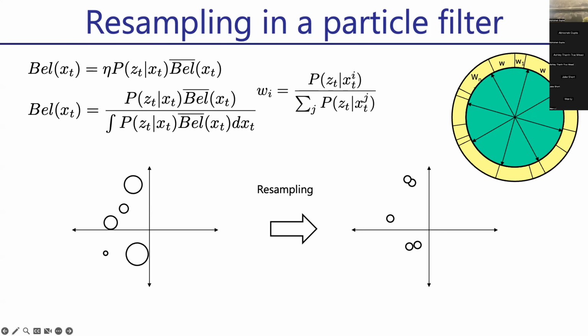So for instance, if we had x1 to xn, and then we had x1 prime to xn prime, our new particles, each one of these will be one of these, right? But you'll just have more particles in the regions that have higher weight. They're not magically in the middle of space. They're in one of the positions of the other particles, right?